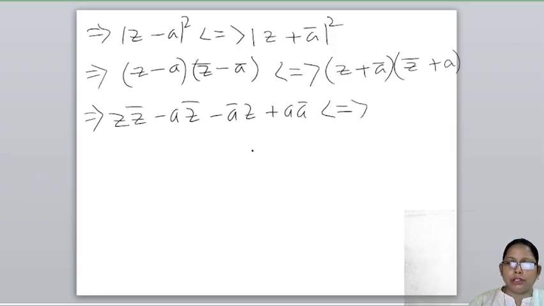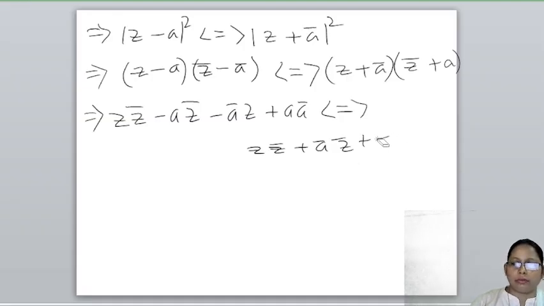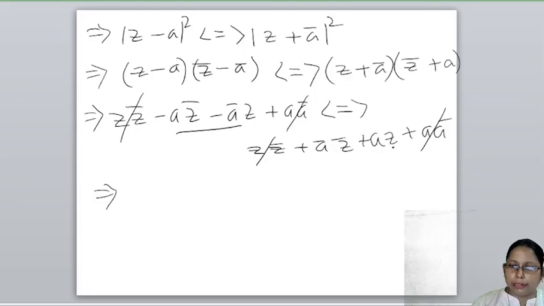Now expand this: z z̄ + ā z̄ + a z + ā a. The a ā terms will cancel out, and the z z̄ terms will cancel out. In the next step, I am bringing all the terms to the left-hand side, then bringing this term to the right-hand side.